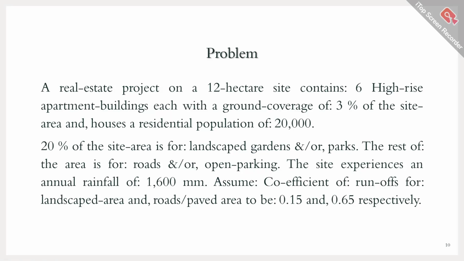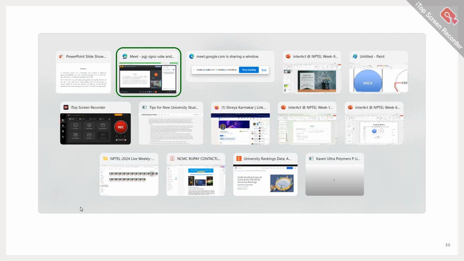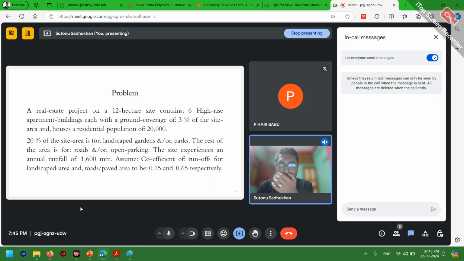So the coefficient of runoff is almost nil in case of building area, but it is 0.15 in case of landscape area and 0.65 in case of road or paved area. Can you say why the coefficient of runoff is more in case of roads or paved area as compared to the landscape area? Why is the coefficient of runoff less in case of landscape area? Can you comment on that?